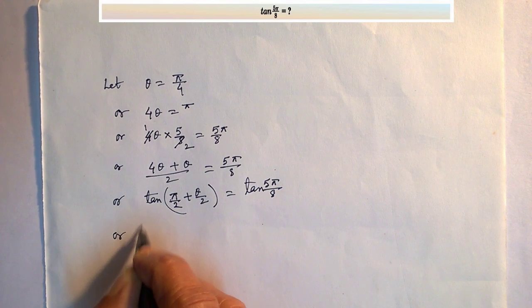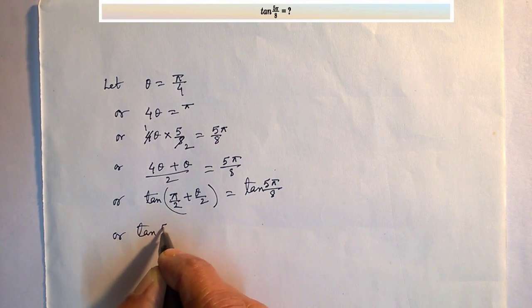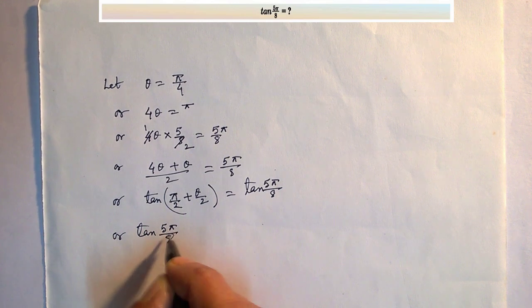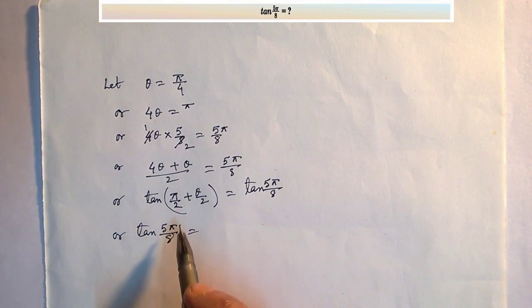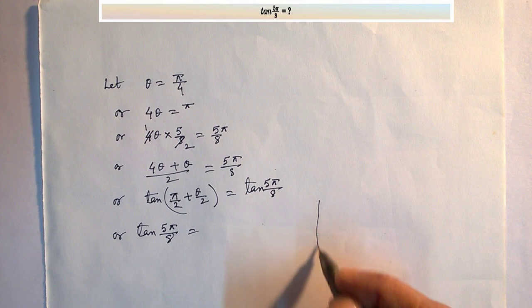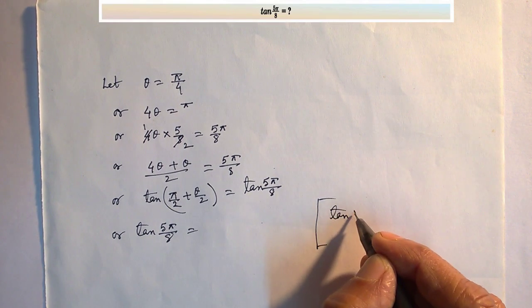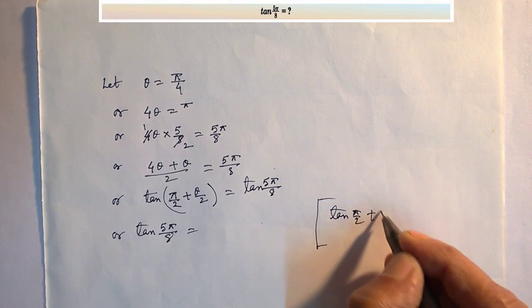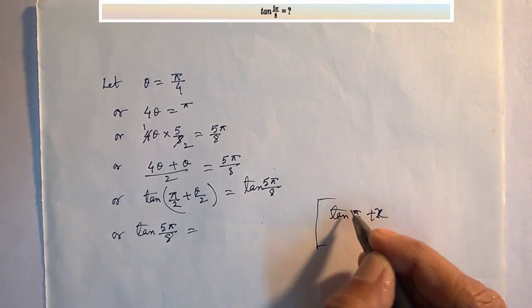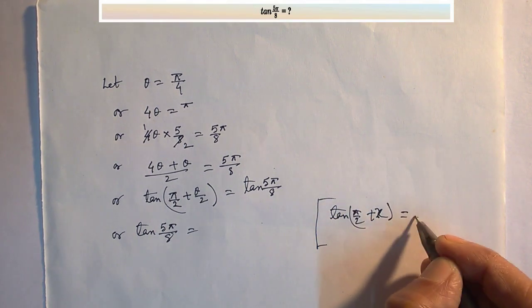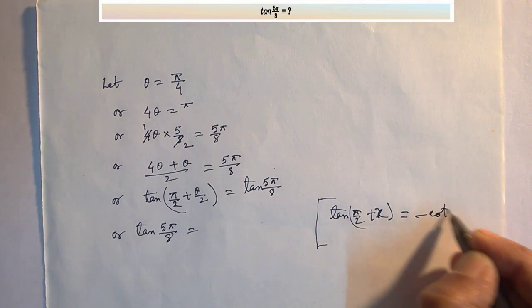So tan 5 pi by 8, that is equal to, use the trigonometric formula: tan of pi by 2 plus x is equal to minus cot x.